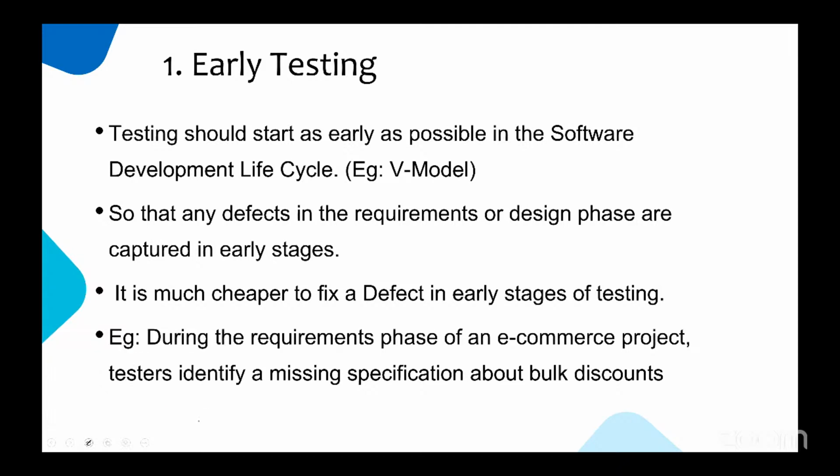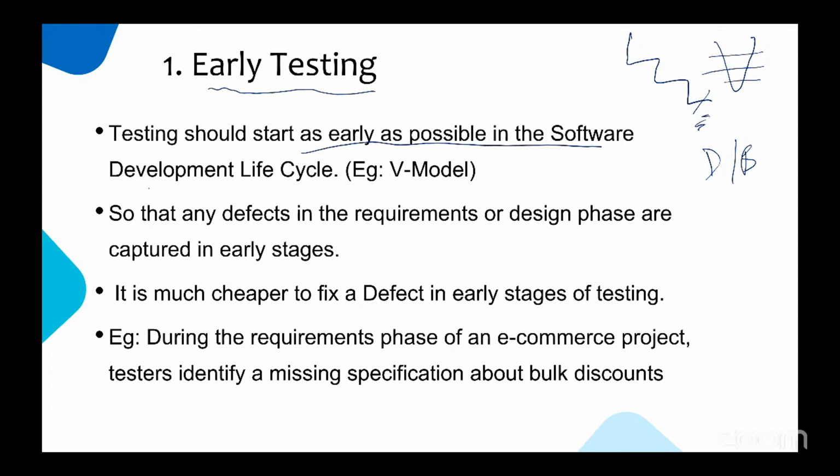We already know, from when we discussed the waterfall model, that the testing starts at a later stage, and then in the V model we do the testing in parallel. When you find defects or bugs at an early stage, obviously what does that mean? The cost of fixing them will be very low. So testing should start as early as possible in the software development life cycle. Example: the V model.